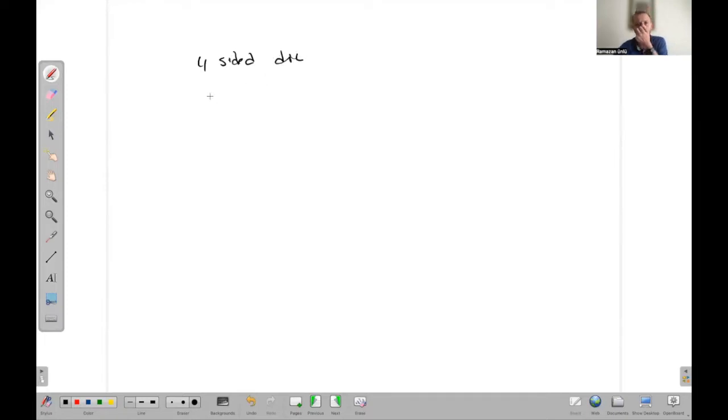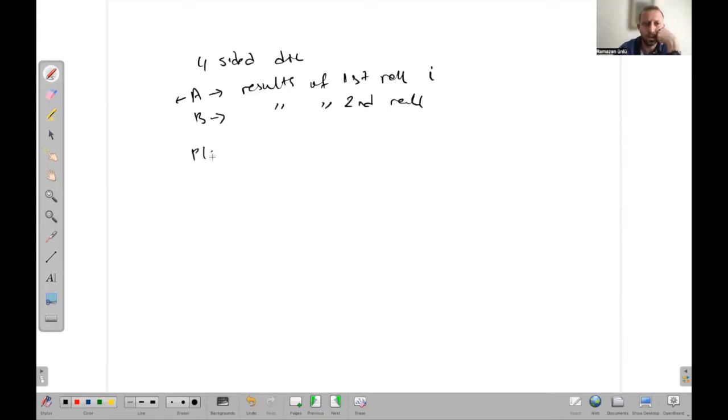Let's say the event A is the result of the first roll, and it will be i, and let's say the event B is the result of the second roll. So the probability of A will be 1 over 4, right?